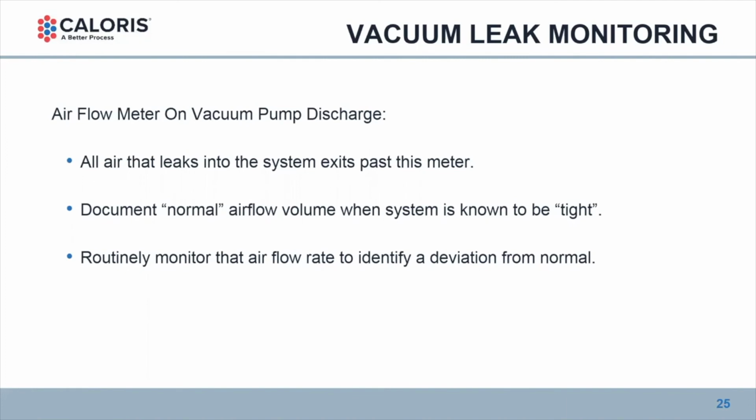Once you establish you've got a good tight evaporator and you establish what your normal volumetric flow of non-condensable gas discharging from that vacuum pump is, then over time, if you see that value increasing, that is an indication that you're introducing air, non-condensable gases, from a source. It might be in your feed, or more likely than not, you've developed a vacuum leak somewhere in the system.